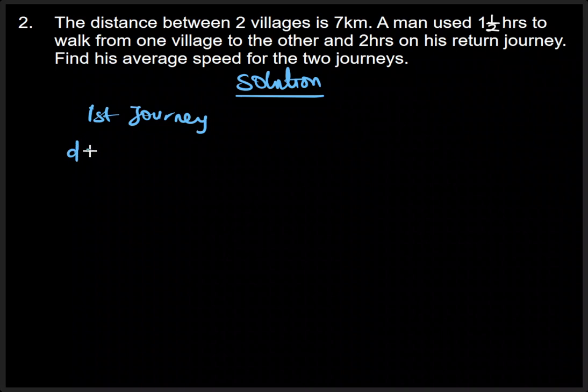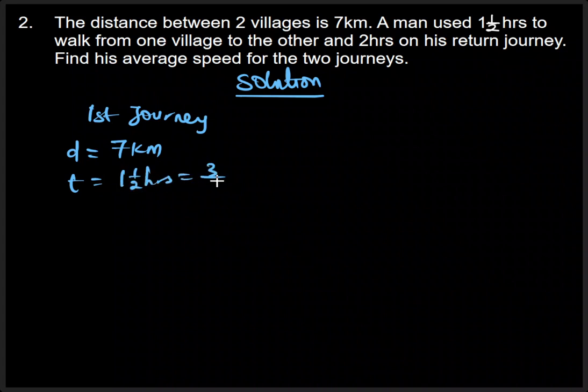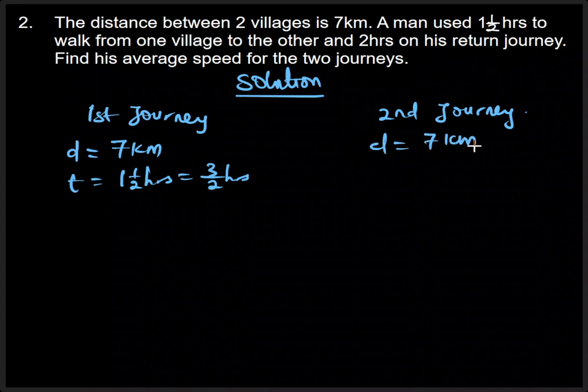For the first journey, our distance is 7 kilometers, the distance between the two villages, and the time the man used is 1.5 hours, which makes it 3/2 hours. Okay, so for the second journey, the return journey, going back is still through the same distance, so the distance is still 7 kilometers.